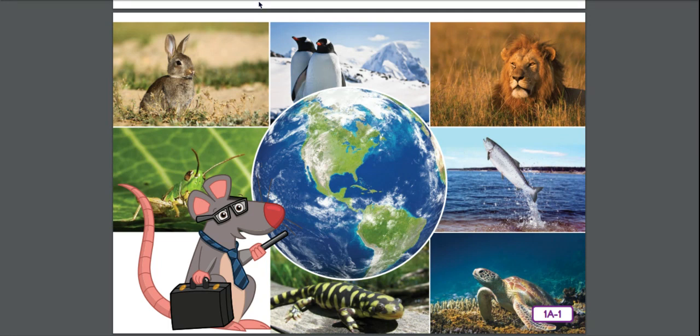So here we are. The first one is lion. That's right, it's the animal kingdom. What about an oak tree? Plants. Rock. It's non-living. It's not a plant and it's not an animal. It might be covered with some type of plant if it has moss on it, but the rock itself is non-living. Turtle.